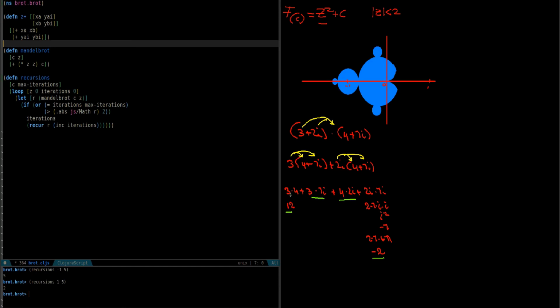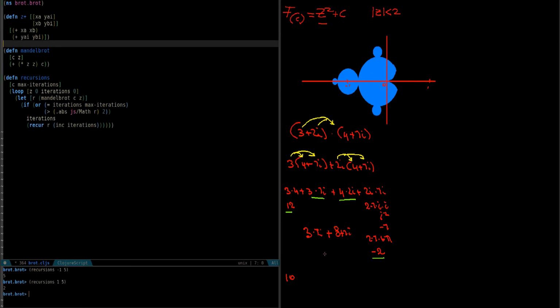3 times 4 is 12. 12 minus 2 becomes 10. And that gives us 3 times 1i plus 4 times 2i. If I have 4 of 2 oranges, I have 8 oranges. So that gives us 3 times 1 orange plus 8 times 1 orange, where orange is of course the imaginary part.